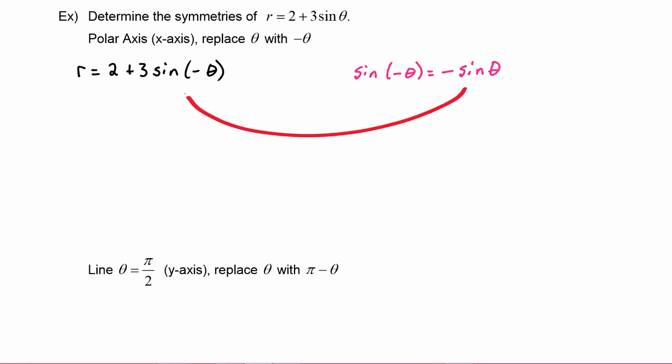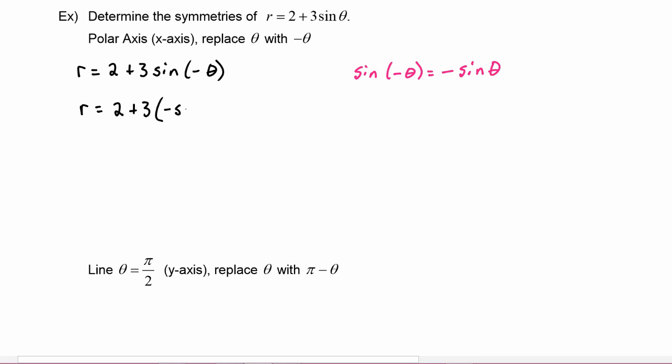So let's substitute that in our equation, and it becomes r is equal to 2 plus 3 times negative sine of theta, and this simplifies to r equals 2 minus 3 times the sine of theta.